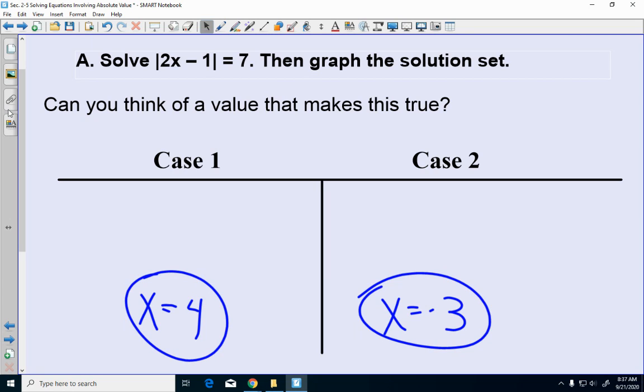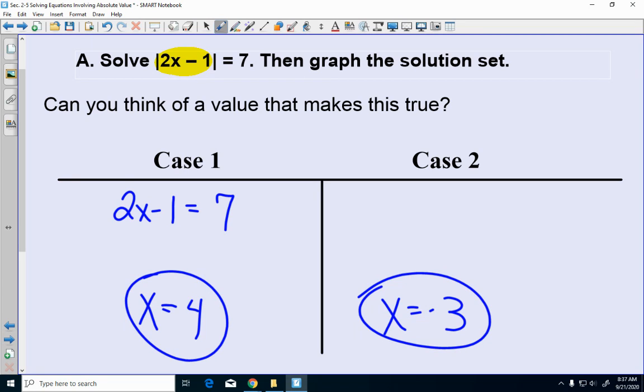Now, Declan, were you the one that gave me the first answer? Okay. You were trying to satisfy this equation right here to be equal to what? Okay. So in the first option, we were actually trying to make this 2x minus 1 equal to 7. That was our goal, right? And that was the one that we saw first.